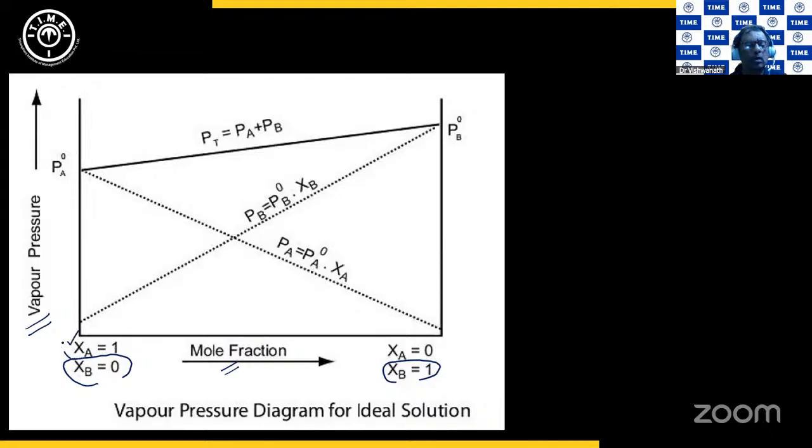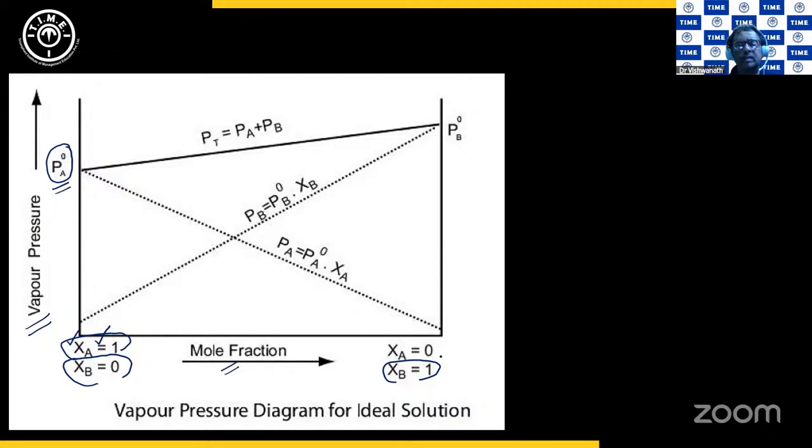So it is pure liquid A. Pure liquid A will have this as the vapor pressure. Pa naught is the vapor pressure of pure liquid A. So on the extreme left of the axis, we find that this is only A, and therefore whatever vapor pressure you get is because of pure A. That is Pa naught.